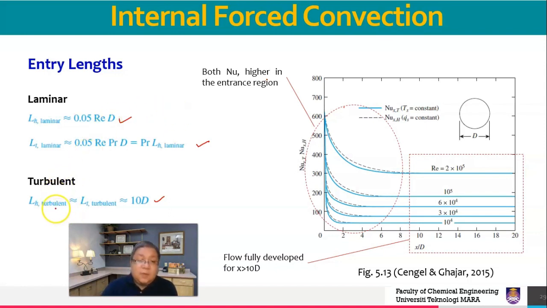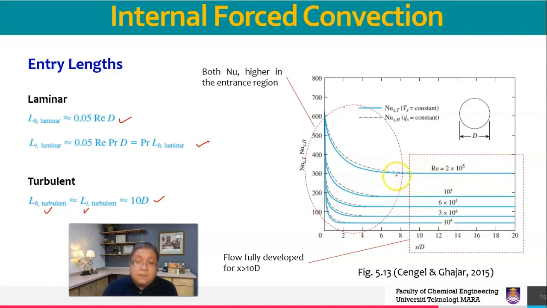This justifies why LH and LT have the same formula, which is at the point of 10 times the diameter. Why 10 times diameter? Because this is the highest diameter needed to be fully developed.